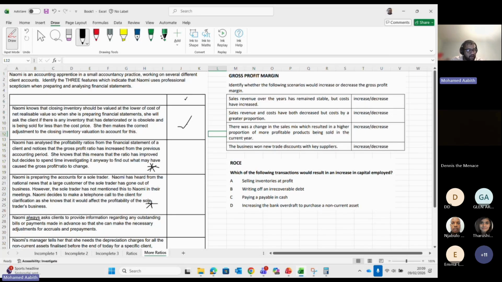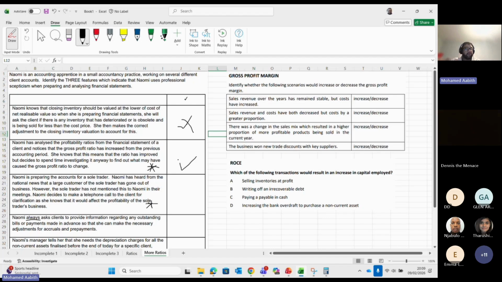But in this scenario here, she is calling the customer about the previous account. Skepticism means she is investigating that by herself. She's not relying on the customer to provide that information. Here the skepticism is for me to consider where that information could lead. That means there could be something missing, so I'm doing the investigation. Therefore, this is the right one.